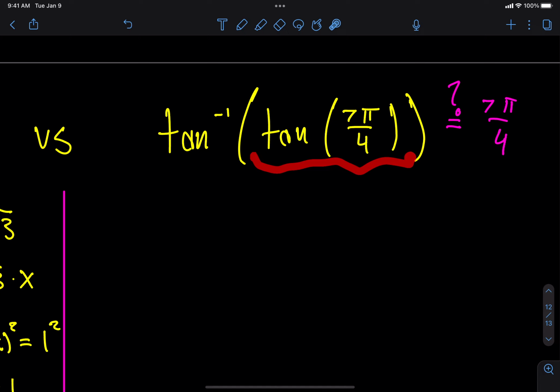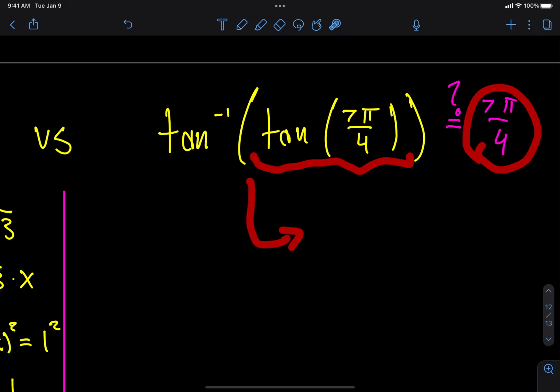But the point is, look, no matter what I plug into the tangent inverse function, the output will be a number which is between negative pi over 2 and pi over 2, as Sully said. This number is outside of the range of the function. So it is not going to be possible as an output for this operation.